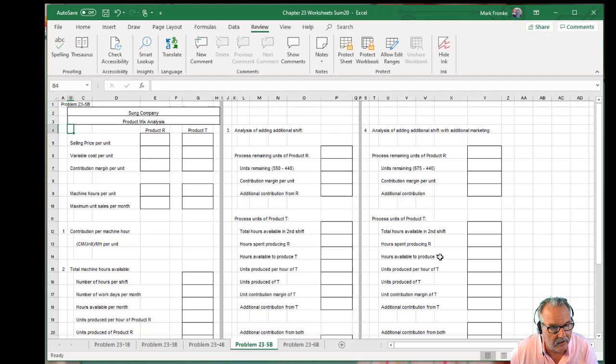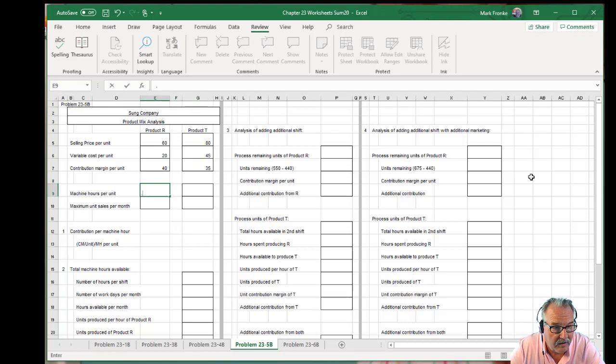The first calculation is to figure out what the contribution margin is per machine hour. Product R sells for $60, has a variable cost of $20, so contribution margin per unit is $40. Product T sells for $80, has a variable cost per unit of $45, so has a contribution of $35 per unit.